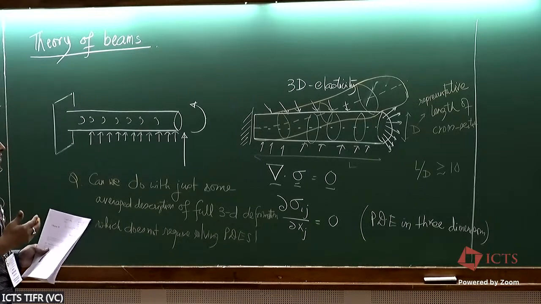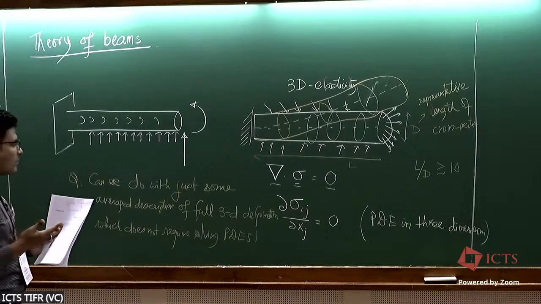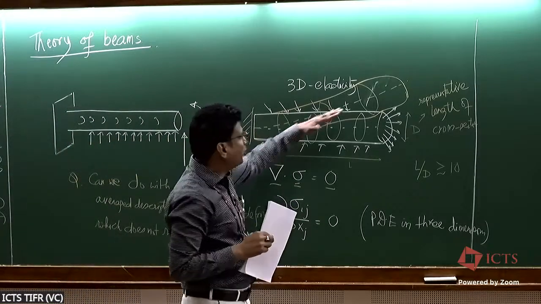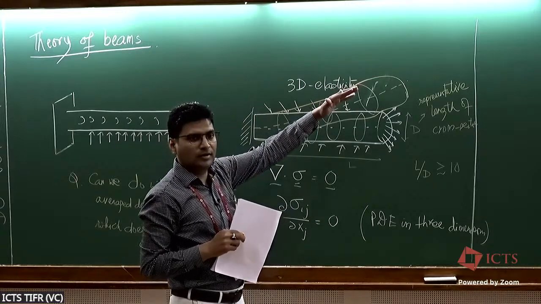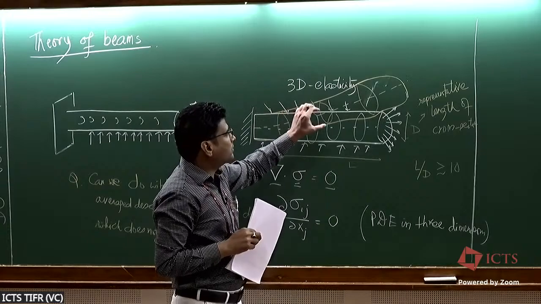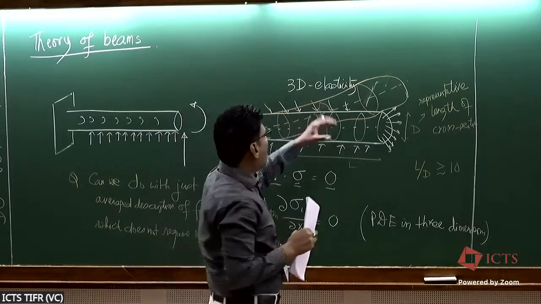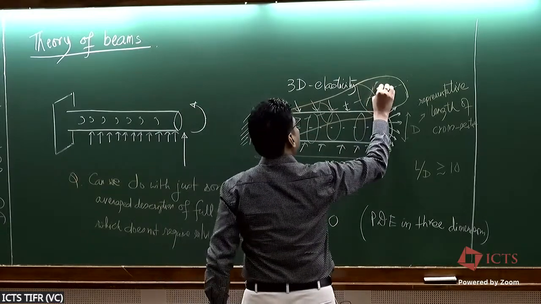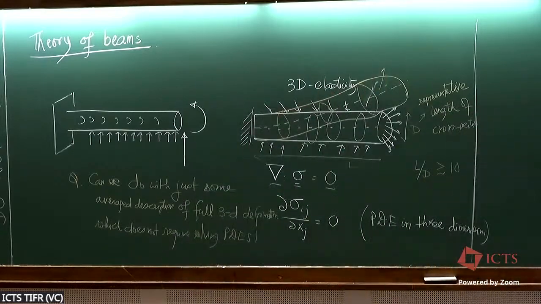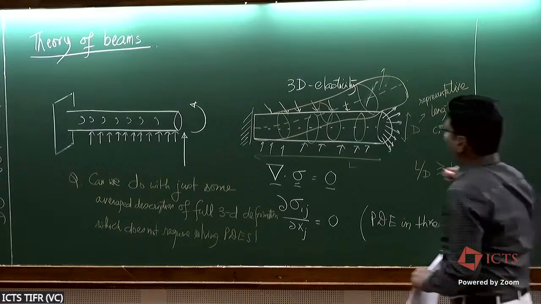So can we come up with an equation which just gives us the position of the center line? Because as we said, the cross-sectional deformations are not significant. How about approximating this with, let's say, a pink chalk?